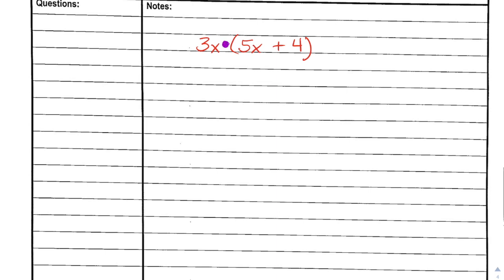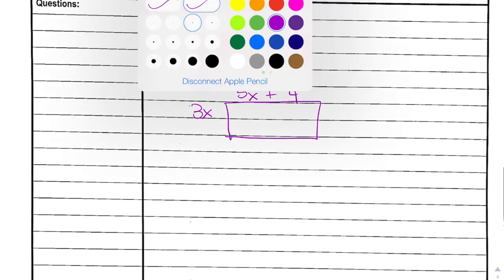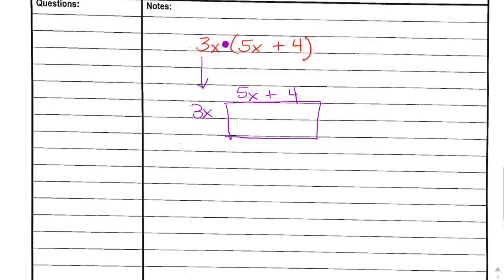I'm going to set up my box. I'm going to bring my 3x on the side here. And then I'm going to make a box. And I've got my 5x plus 4. And this is a multiplication chart. I'm going to draw a line here so I get two boxes, one for each of my terms, and then I'm going to multiply it.